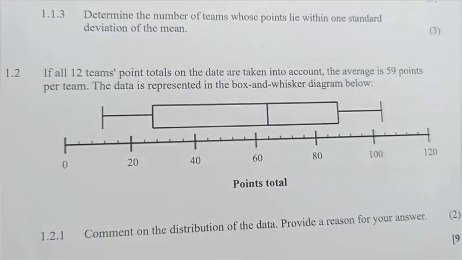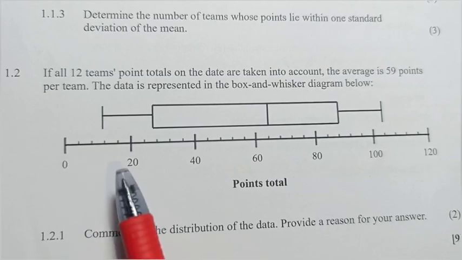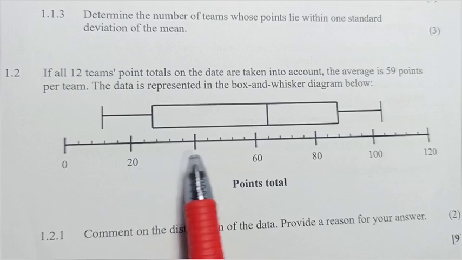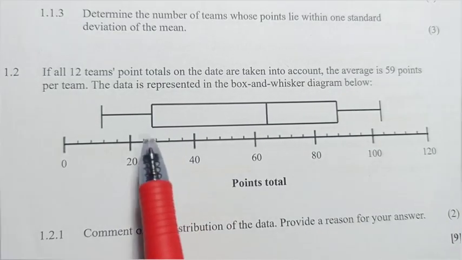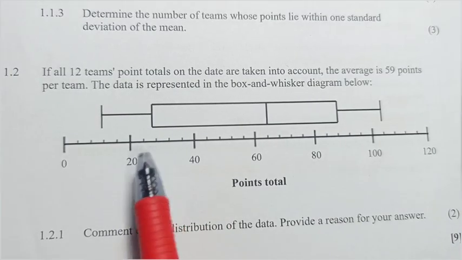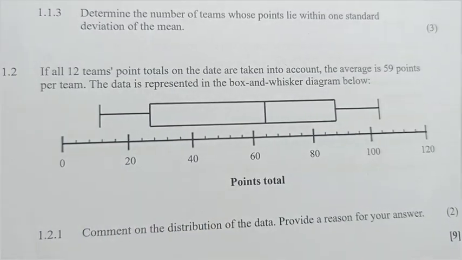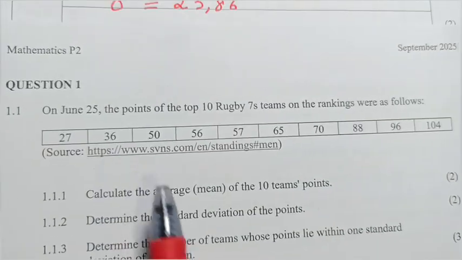So rather go with the quartiles. Comparing with quartiles is easier if they give you the diagram. But if the box and whisker is not given and only the actual values are given, that is a different question from this.